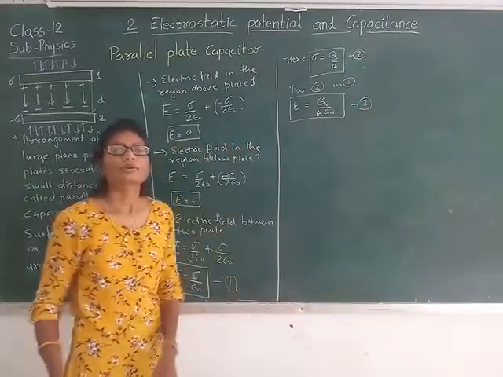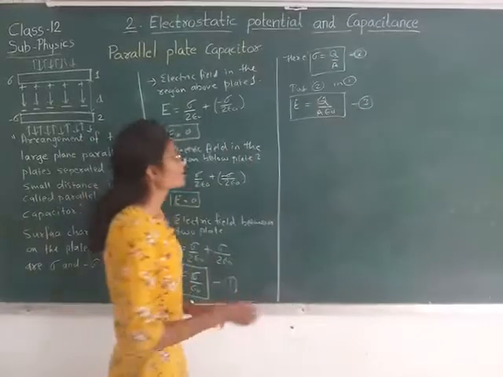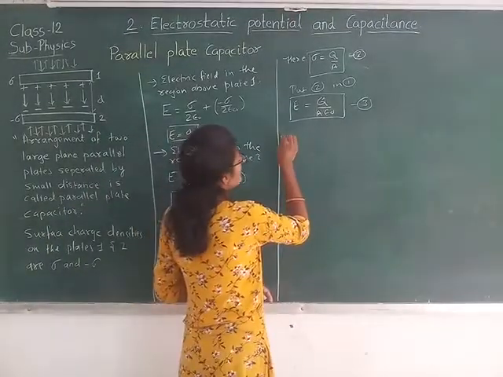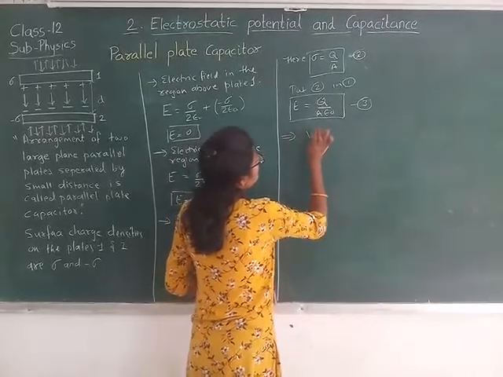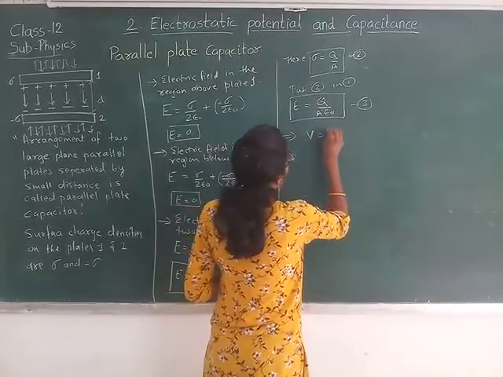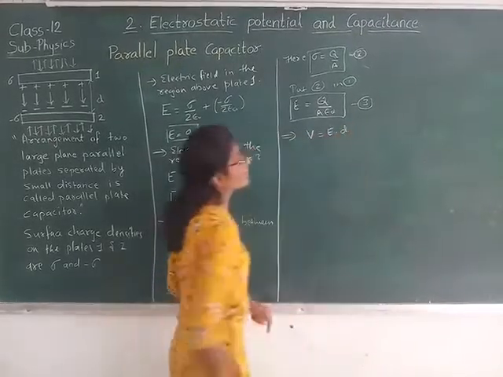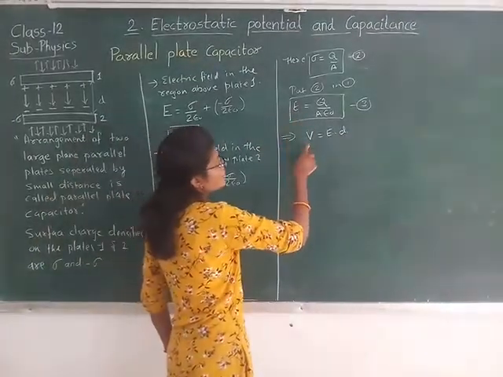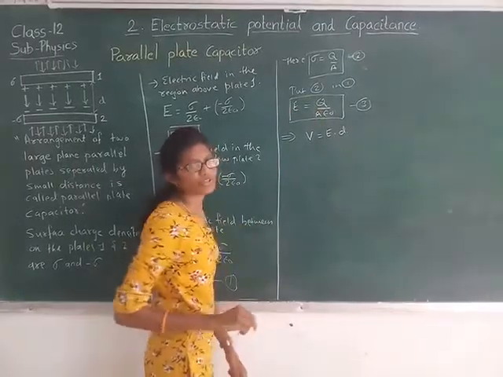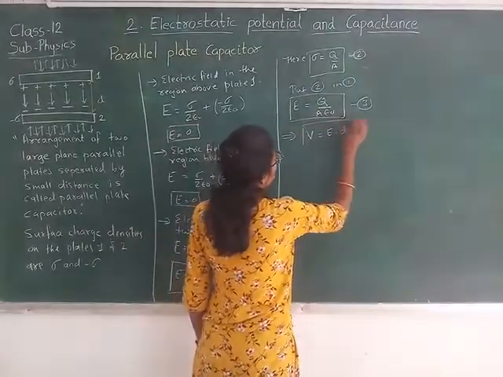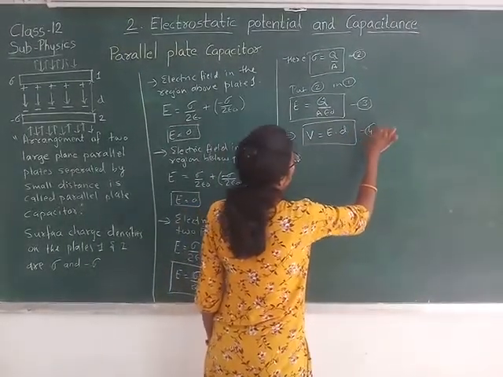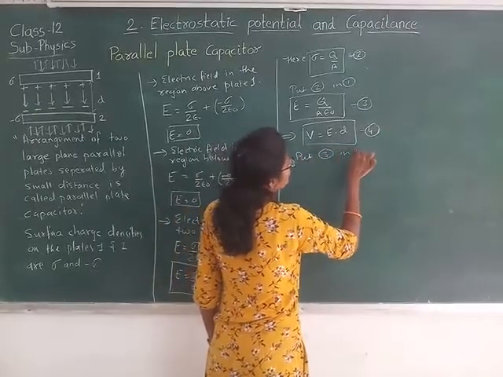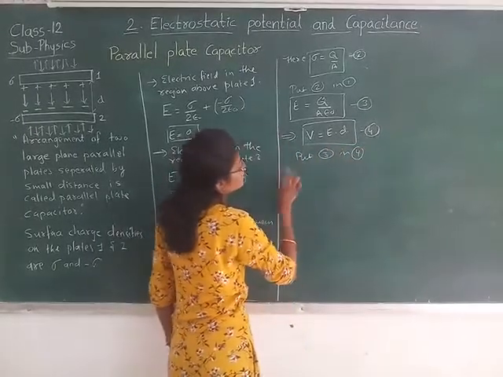Now the potential, we know the relation between the potential and the electric field, we know that V equals E D, right? So here we will be substituting this equation E, that is equation 3 in 4. What we get?